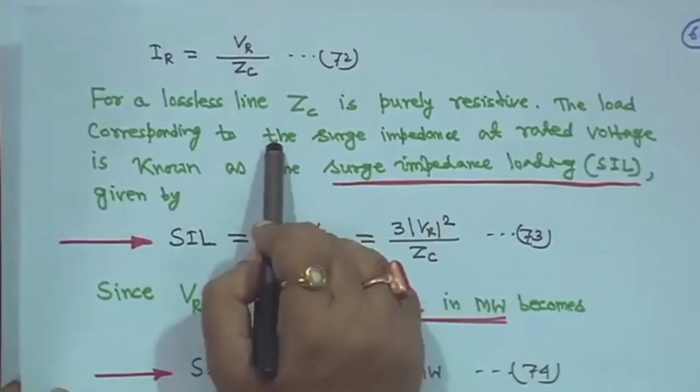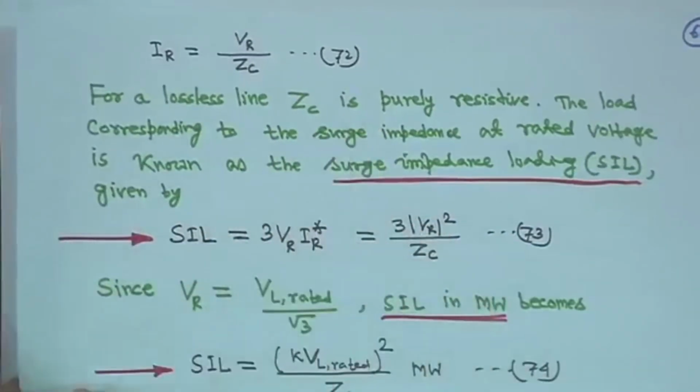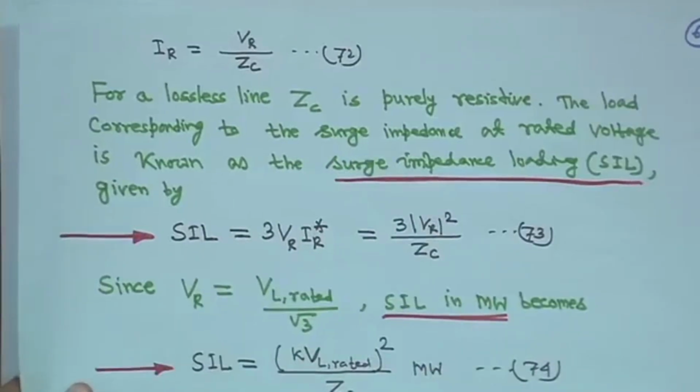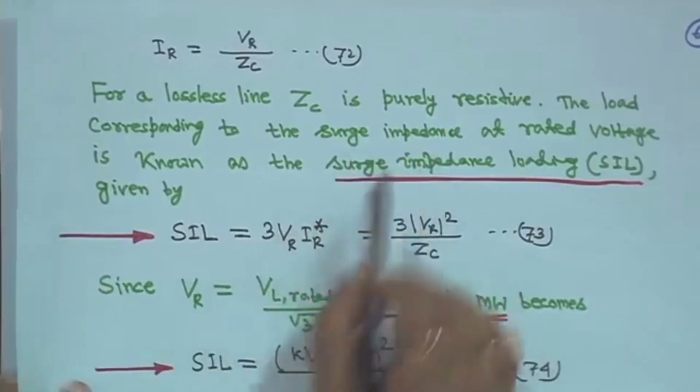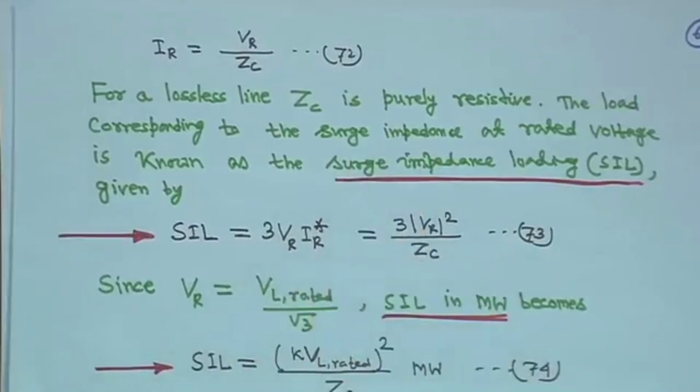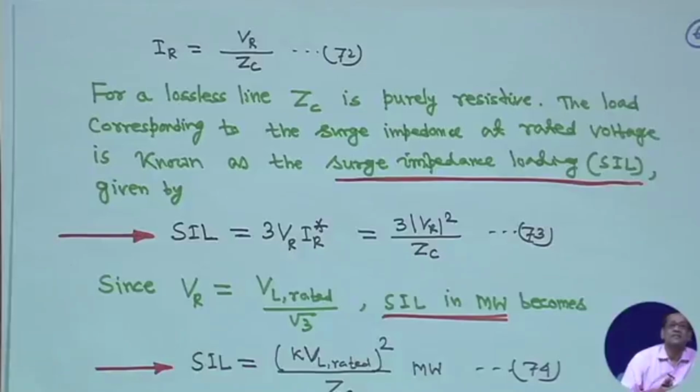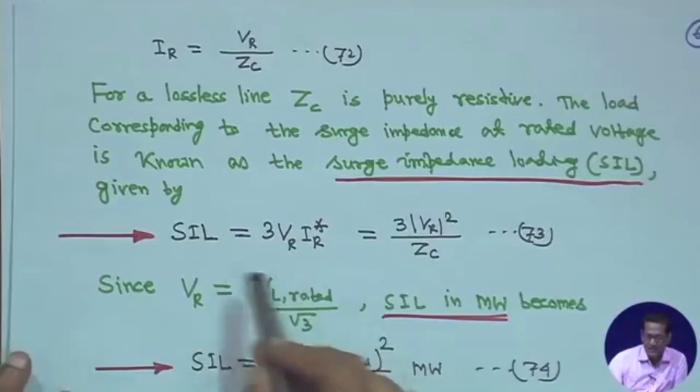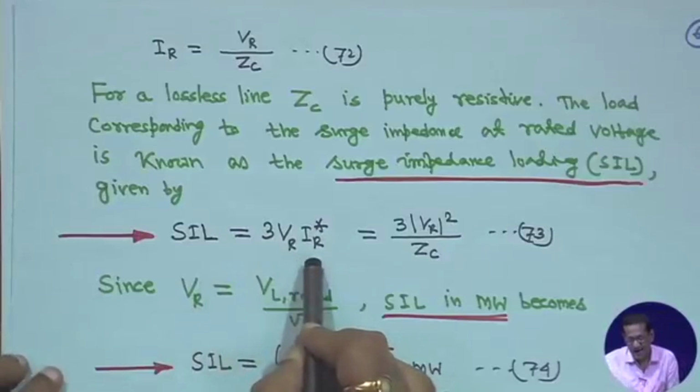Now, for a lossless line, ZC is purely resistive, because we have seen ZC is equal to root over L by C. So, the load corresponding to the surge impedance at rated voltage is known as the surge impedance loading, that is SIL, and is given by SIL is equal to 3 VR IR conjugate.